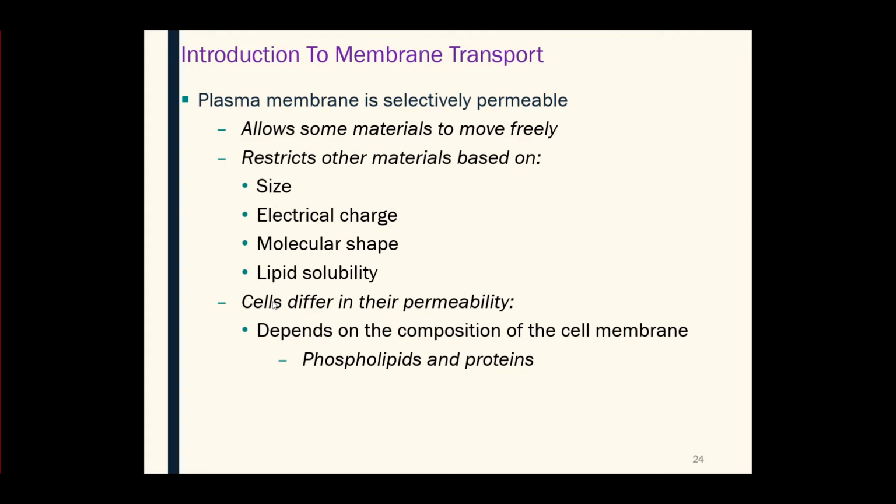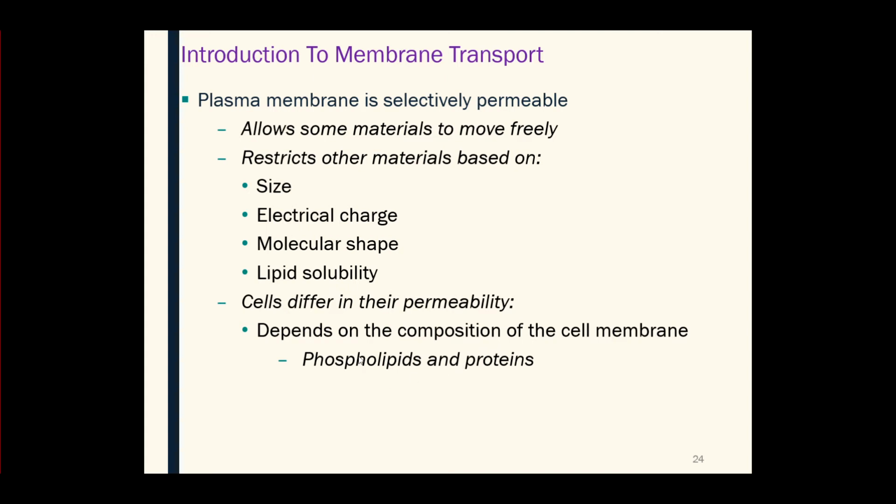Now, not all cells are the same in their permeability. Some cell membranes are freely permeable, and others are selectively permeable. What determines the permeability is basically the composition of the cell membrane. Again, we know from previous lessons that the cell membrane is made up of a phospholipid bilayer, and embedded in that are the different types of protein.